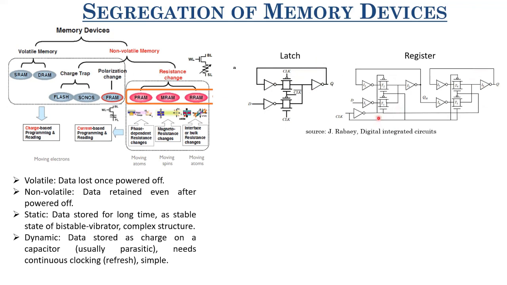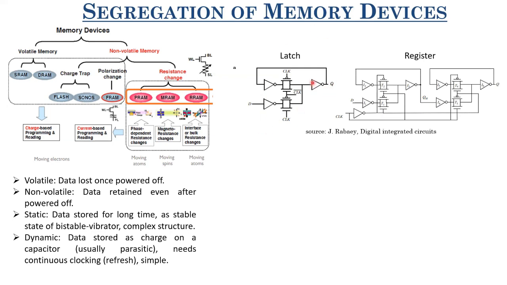At this point of time, I would also like to discuss the difference between a latch and a register. A latch is a level triggered device. The output data reflects the input data as long as the level is high. If it is a positive latch, the moment the clock goes from high to low, whatever data was present just before that clock edge would be retained.